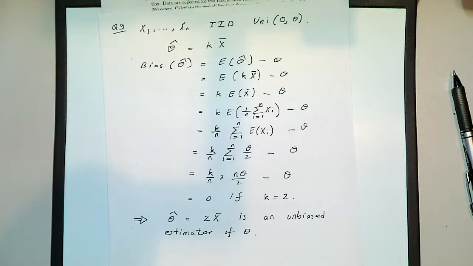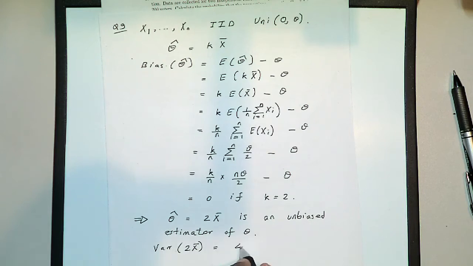The second part is to find the variance. Now to find the variance, you want to find the variance of 2 times X bar, right? Now if you pull the 2 outside, it becomes 4 times the variance of X bar.